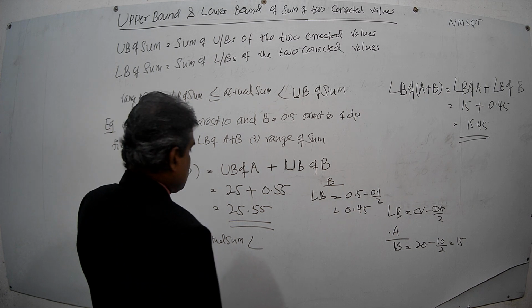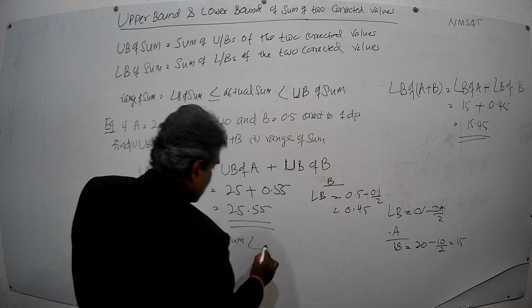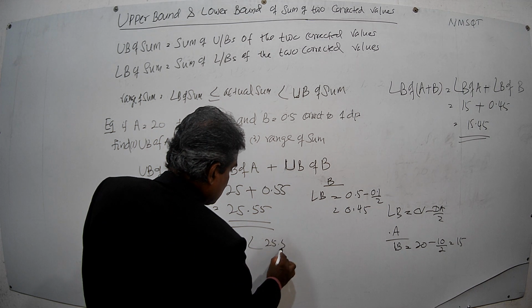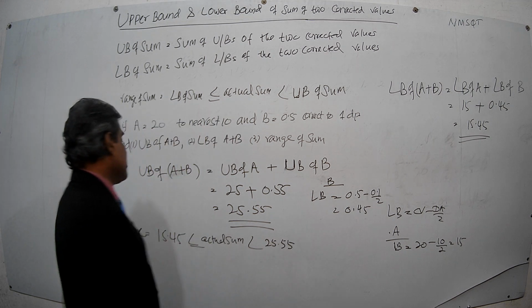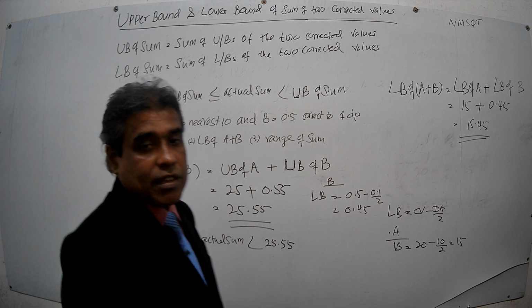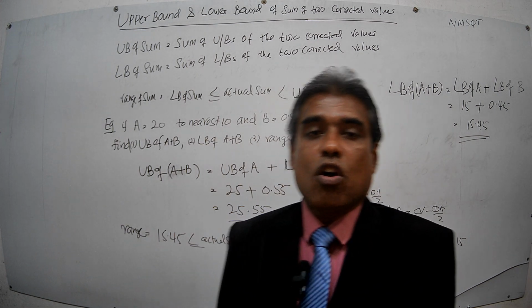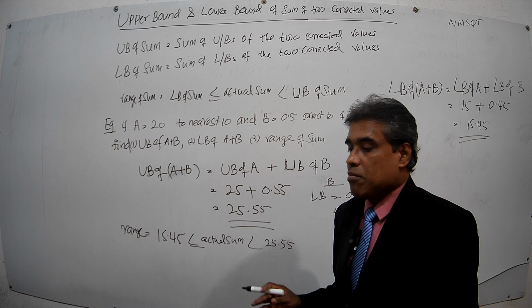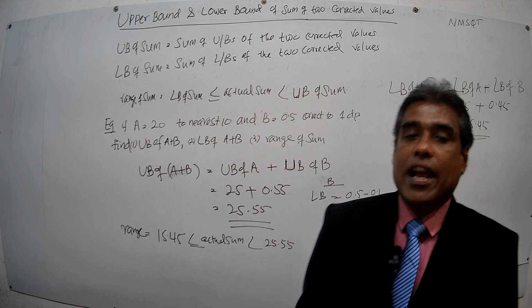The upper bound of the sum we found is 25.55. So that is the answer. We have answered all three: the upper bound of the sum, the lower bound of the sum, and the range of the actual sum.